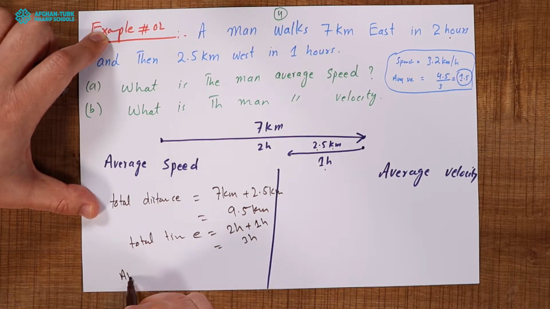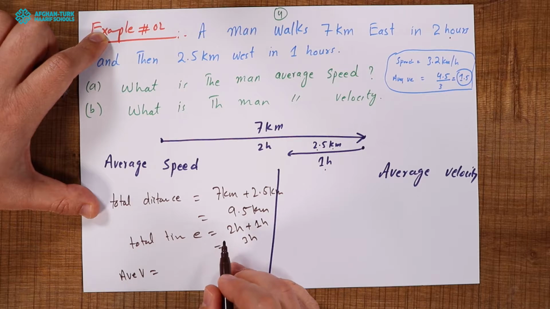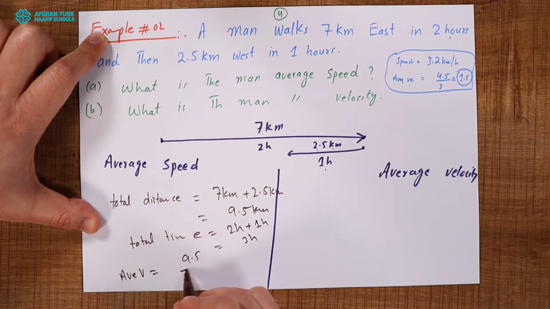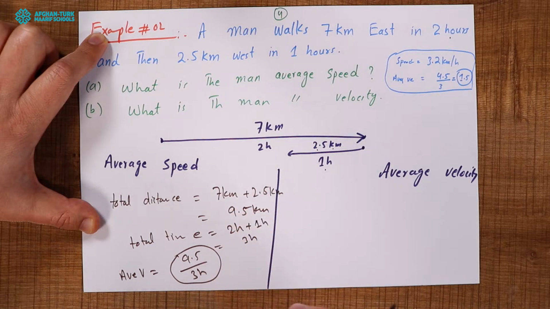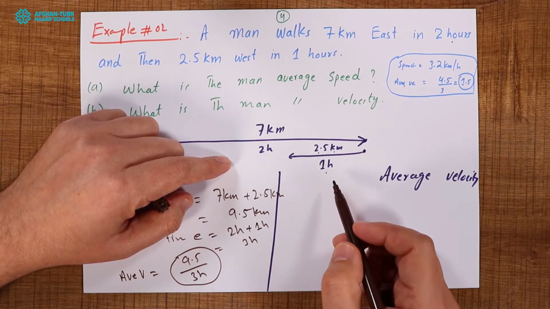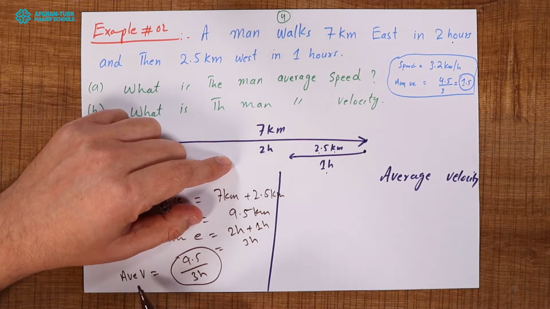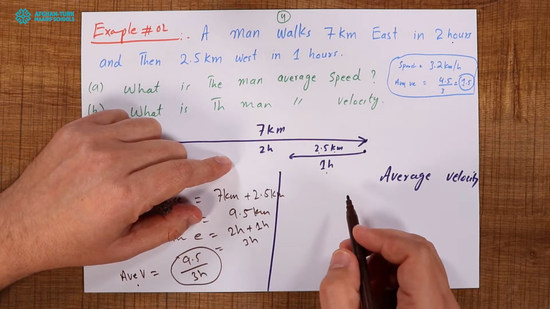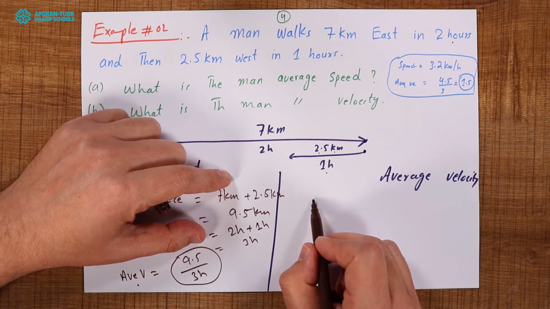So now the average speed is equal to 9.5 divided by 3 hours. This is the average speed of this person. Now here the direction is opposite, so the values must be different. The average speed and average velocity must be different. How?